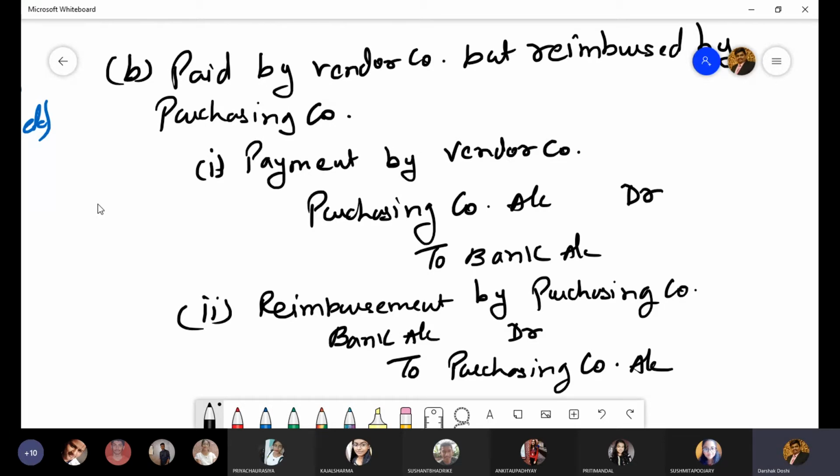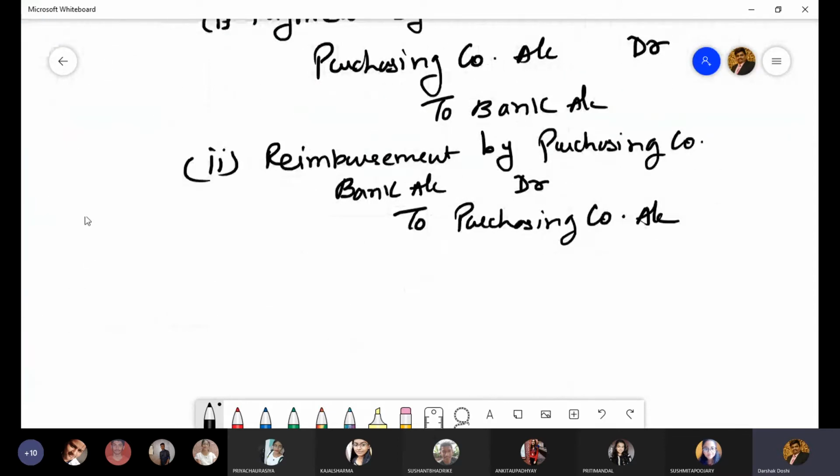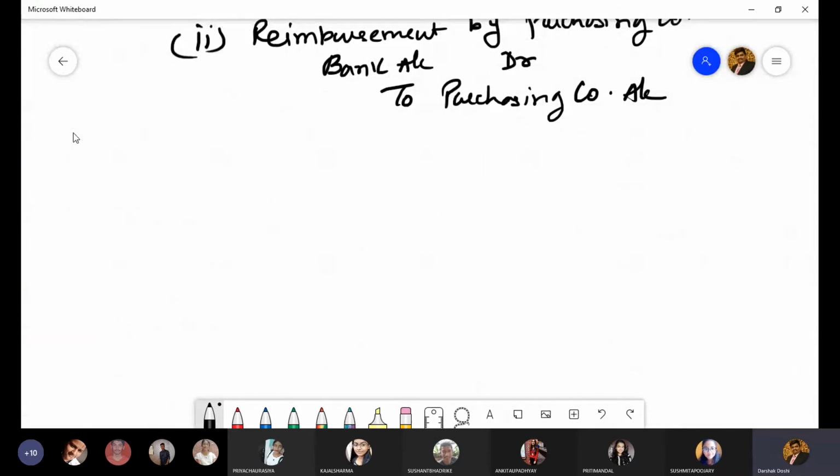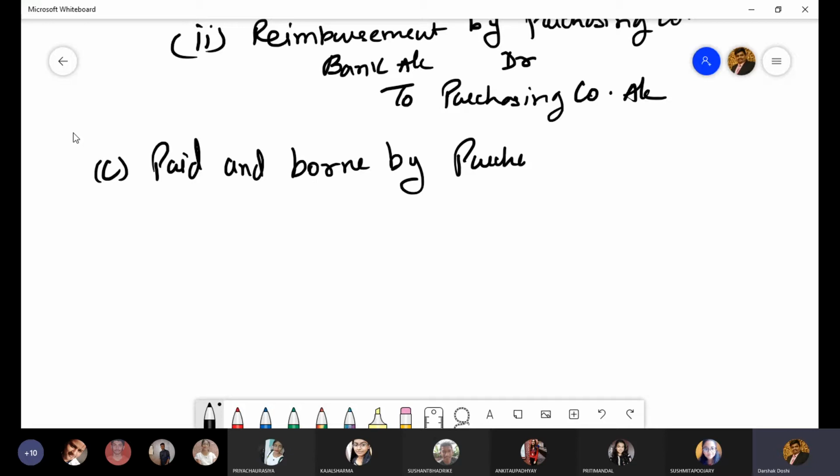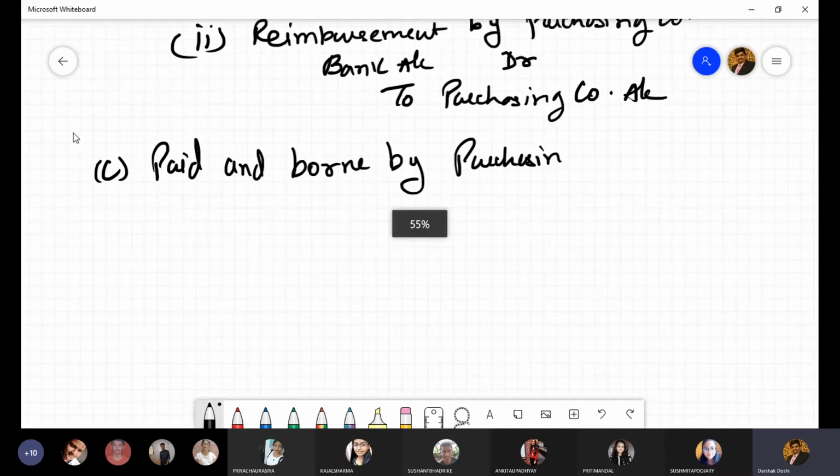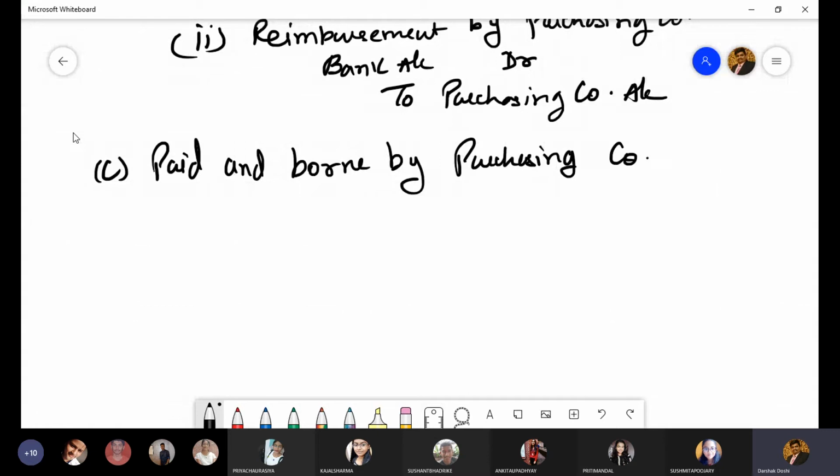Third, it is paid and borne by the purchasing company. Can you tell me what will be the entry in the books of vendor company when we are closing down books of account, that is at the time of dissolution? It is paid and borne by the purchasing company.